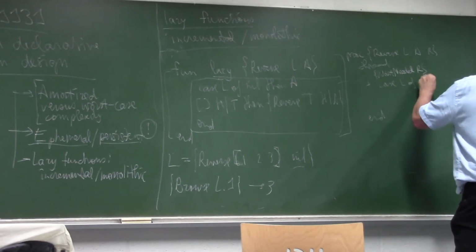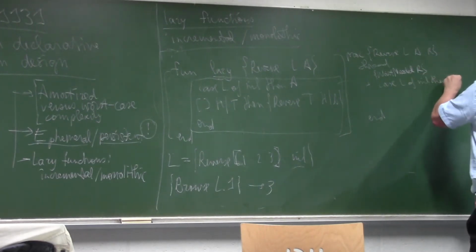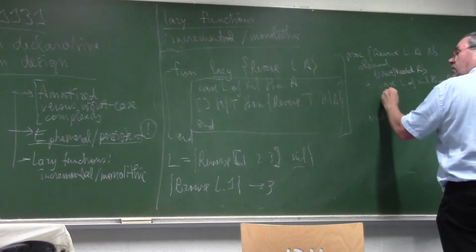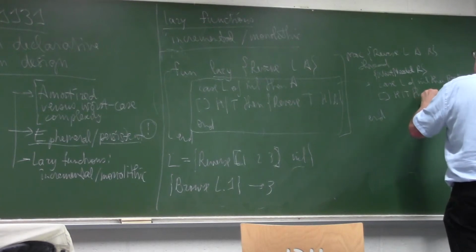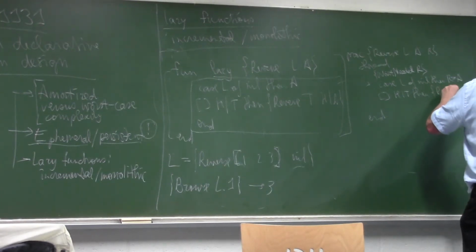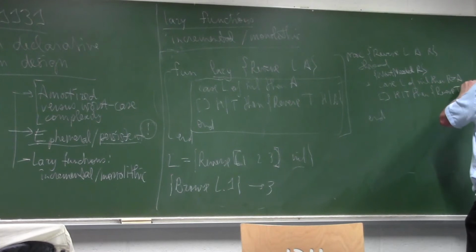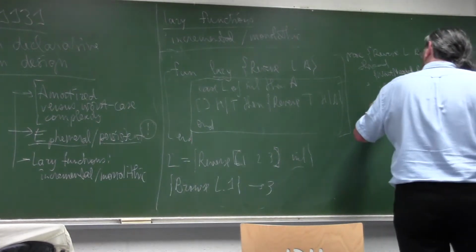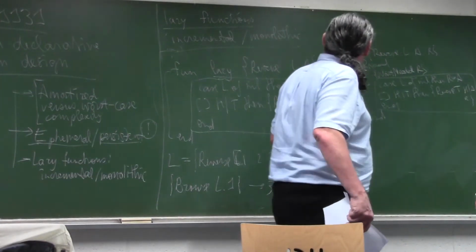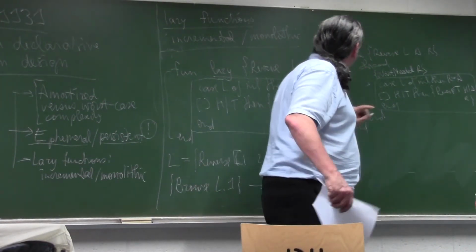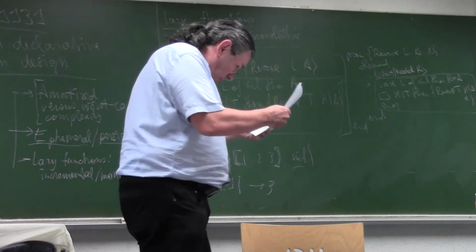Case L of nil, then R equals A. Otherwise, reverse T, H bar A, R. So this is the body, and this is the function.